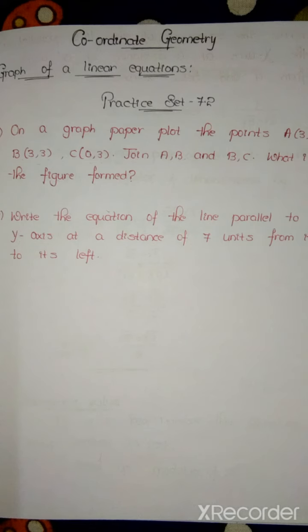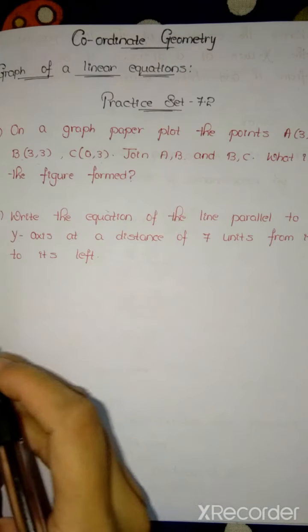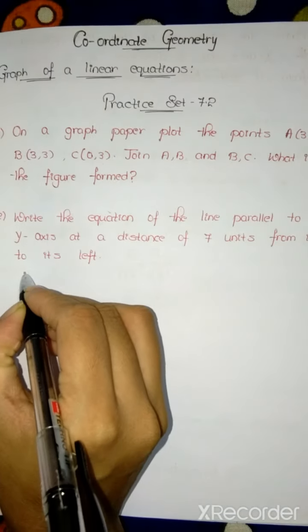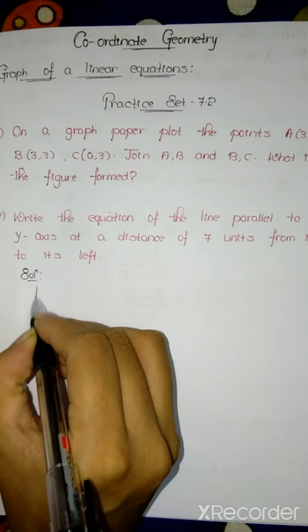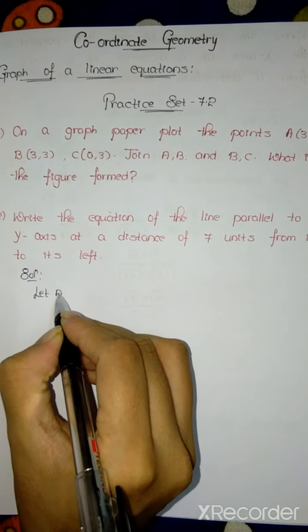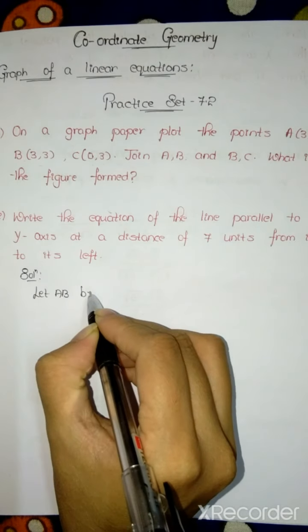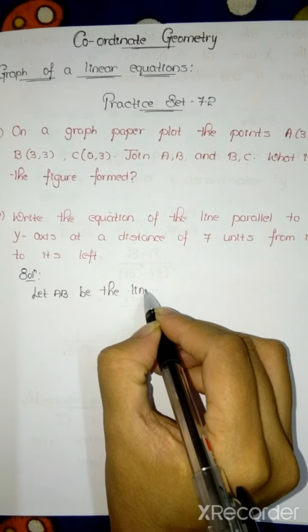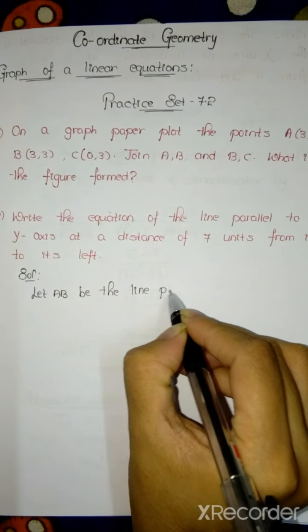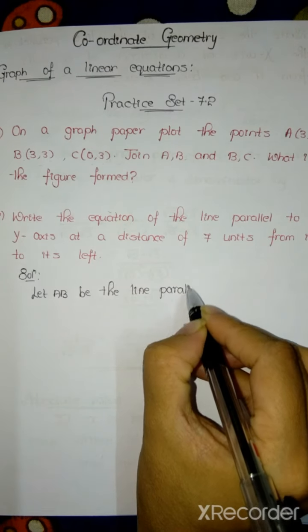So we have to write the equation of the line parallel to the y axis at a distance of 7 units from it to its left. So solution is: let AB be the line, consider the line AB which is parallel to the y axis.